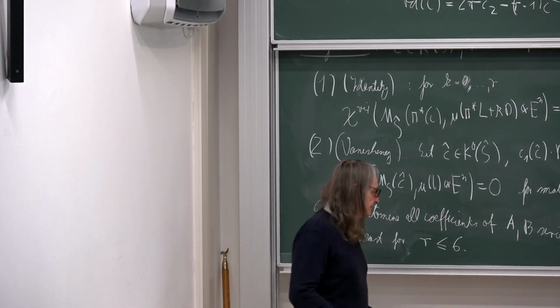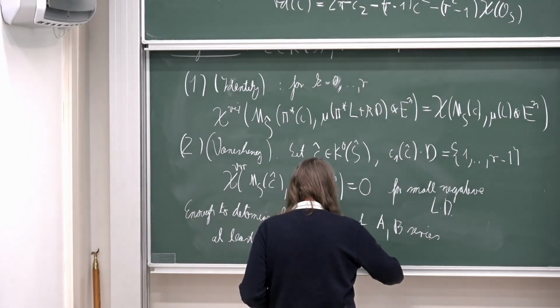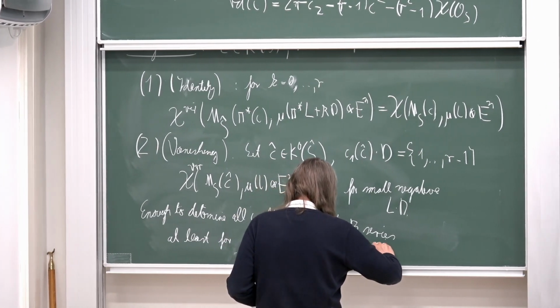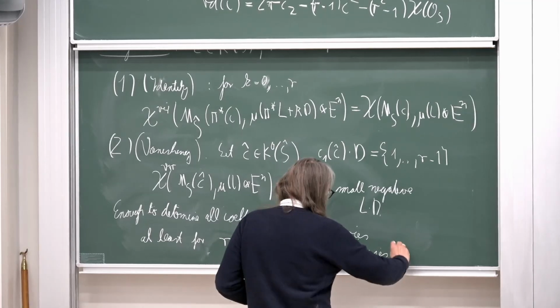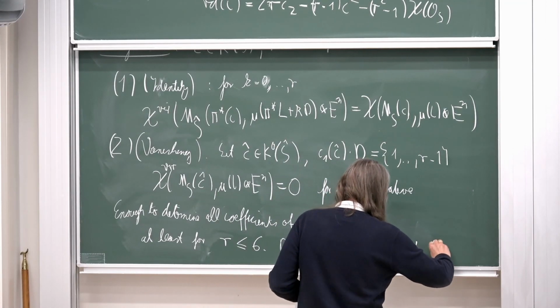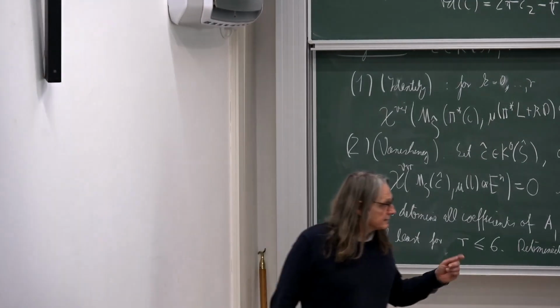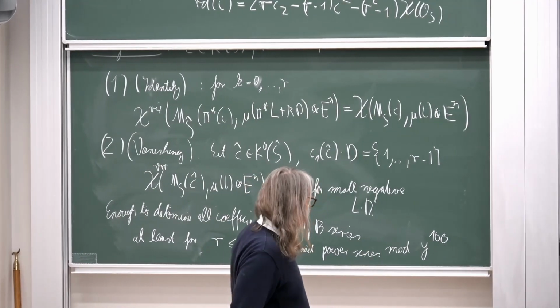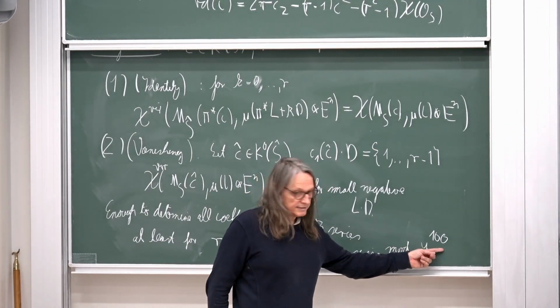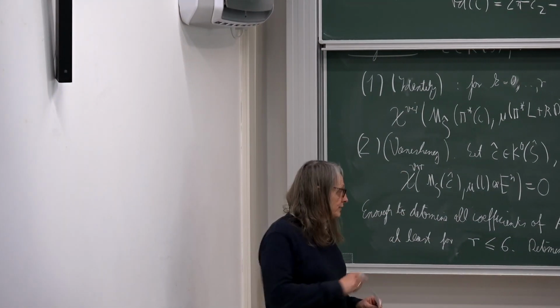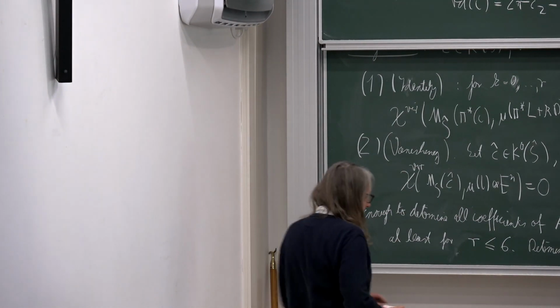For r equal to 6, I determined them modulo y to the 100, where y is this power series which you have, created by this change of variables. So we know this, and so we can look at what we get.